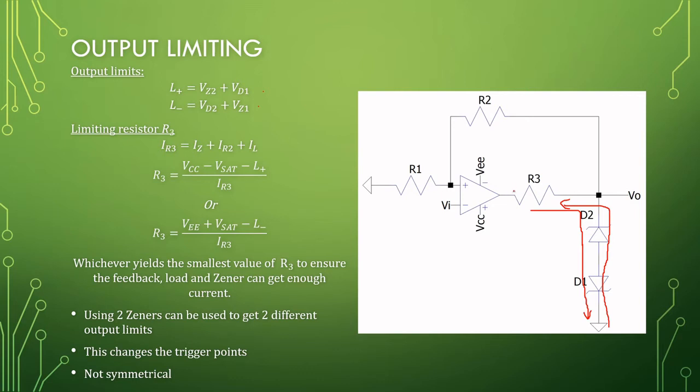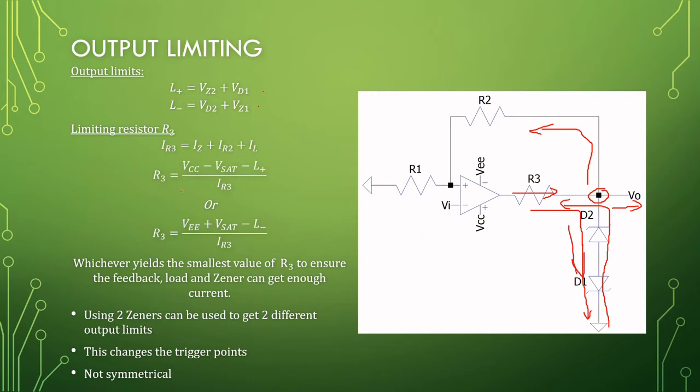Okay, with these limitations, you also need to add a current limiting resistor at the output of the op amp. And what current is flowing through this resistor will determine its size. So first, how much current will be flowing through the Zener to switch the Zener on and keep it on, how much is flowing into the feedback, and how much is going to any loads attached to this node right here.